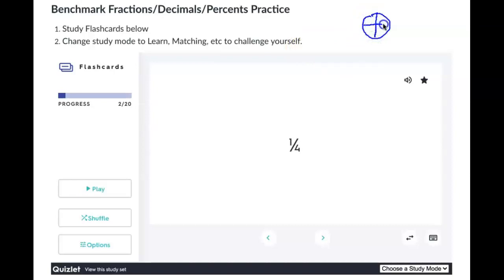If I cut it again, it's going to be in 4 pieces. So the decimal equivalent will be half of a half. So think about what 1/2 as a decimal is and cut that in half. And then the same thing will be true for the percent. Answer that for me, please. Very good. That's going to be 25 hundredths, which is half of 50, and 25%, which is half of 50%.